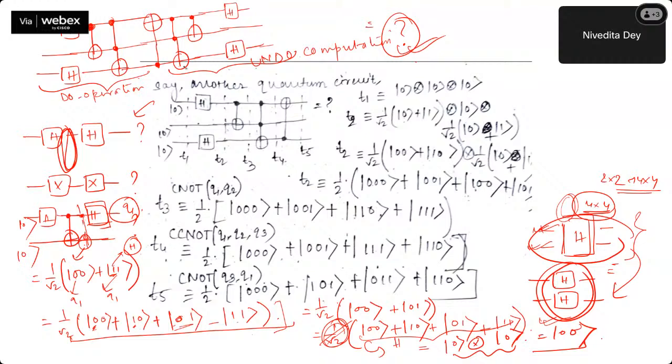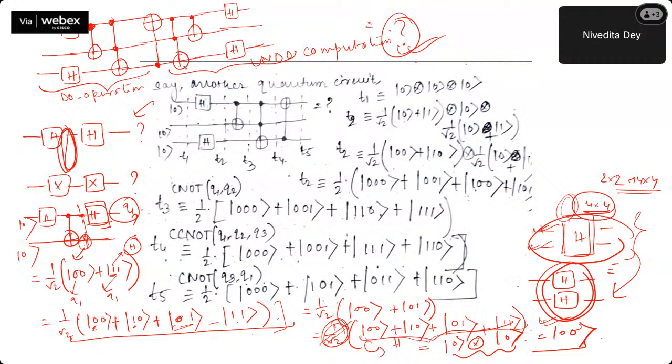So you have verified that you can actually do that. Sorry, I just missed this one. Also, if you're having any doubt in understanding this, after this Hadamard, it will be H on the first and second, and on the third and fourth. I don't know what you have written, maybe you are telling the same thing for some other circuit.